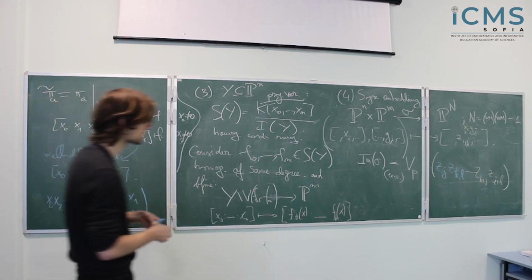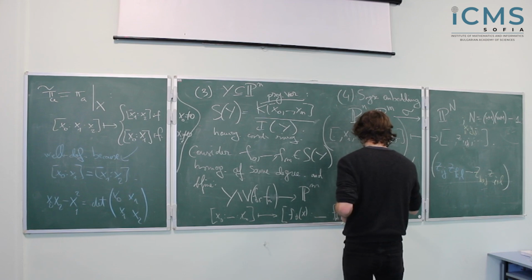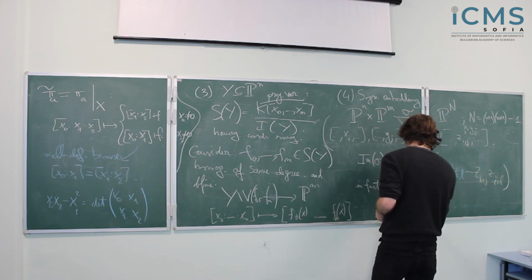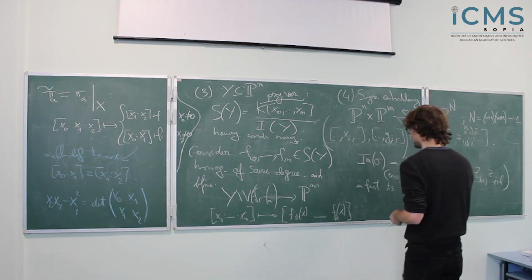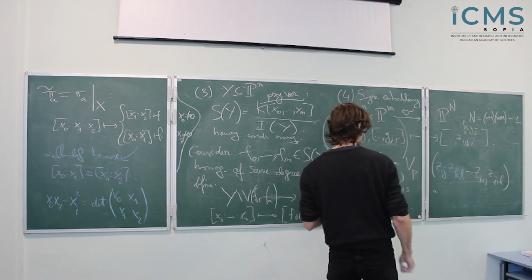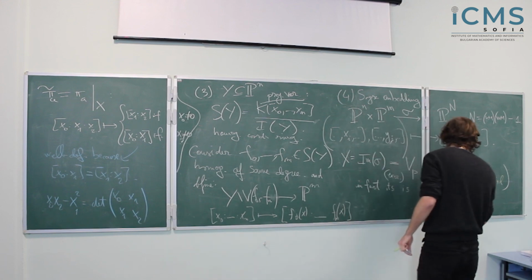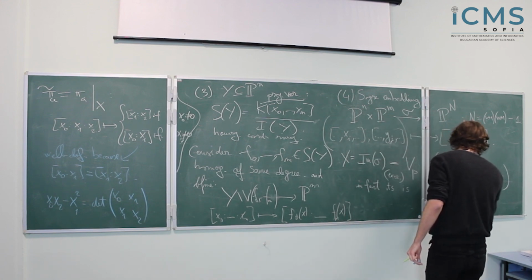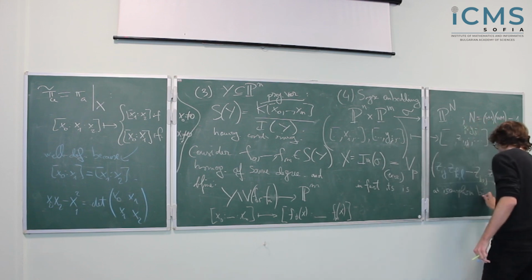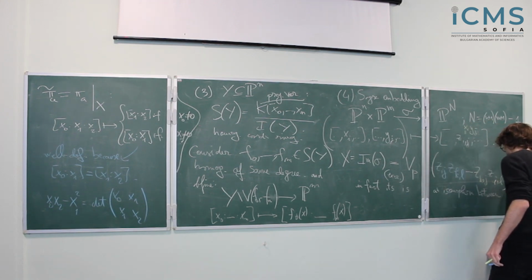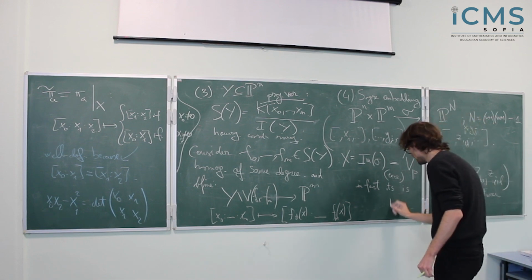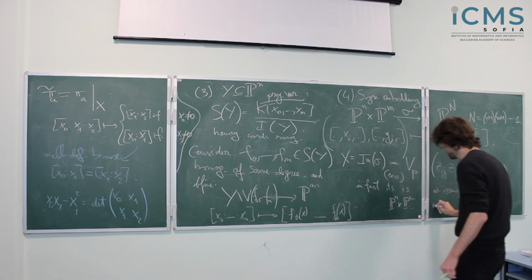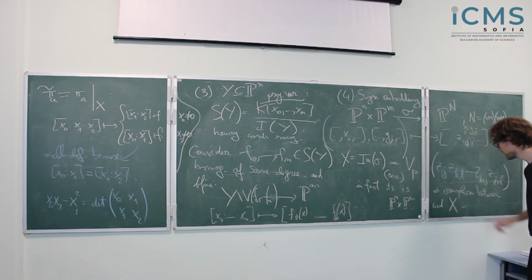So let's call this X. It is an isomorphism between P n times P m and X.